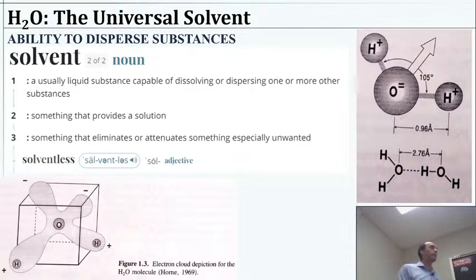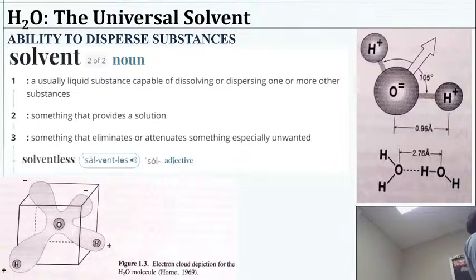But a solvent as a noun is actually kind of related to that same idea. It's easily exchanged, moved, it's liquid. It's capable of dispersing things, and typically we mean that on a molecular level. So it's able to take, for example, sodium chloride and disperse it as a sodium and a chloride, and have each of those happy instead of having one big crystal structure that sinks to the bottom.